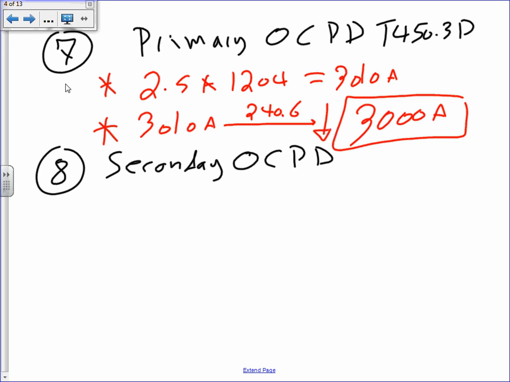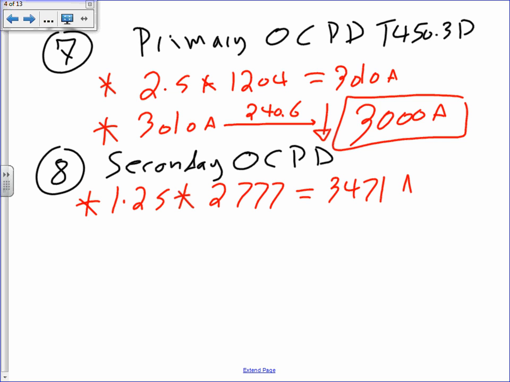For the secondary, what do you guys remember what we do for the secondary? 1.25 multiplied by what was the amps for that? 2777. Thank you. That will get you a healthy 3471 amp, right?